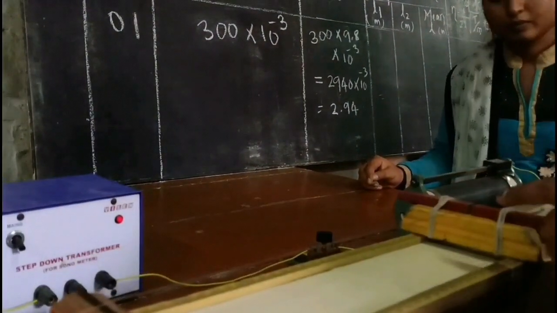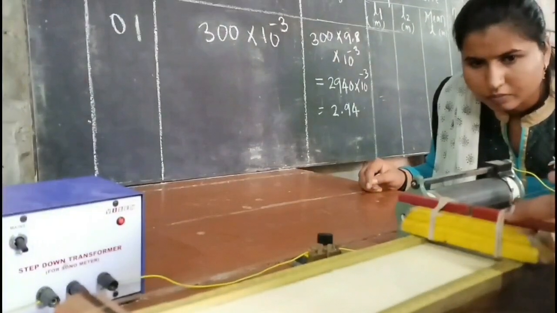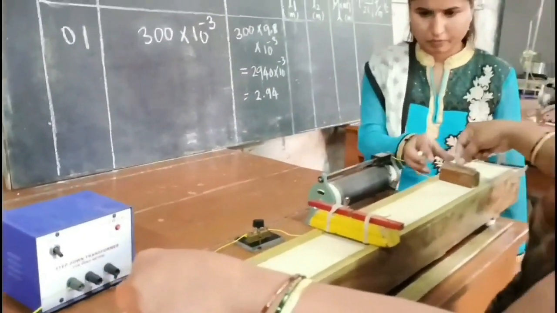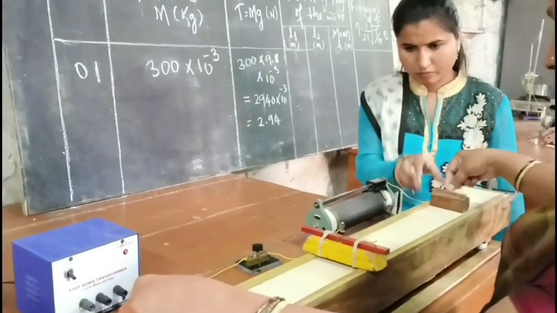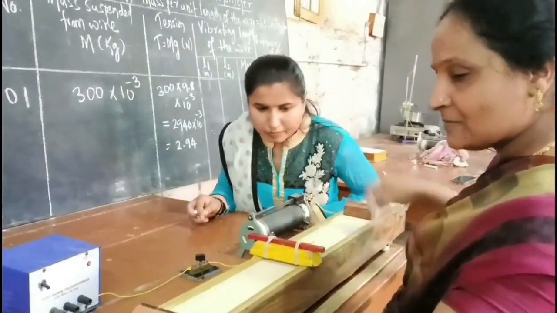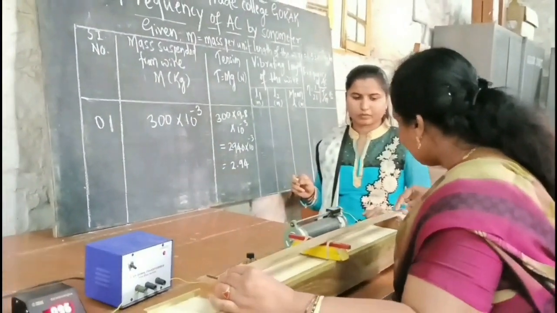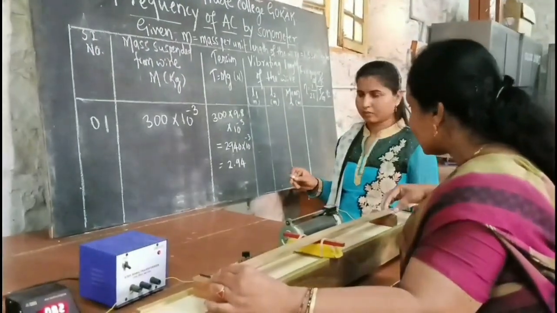Now the wire is vibrating with the maximum amplitude. So we have to find the vibrating length, that is the length between the two bridges. So I will measure the balancing length and it is 46 centimeter.